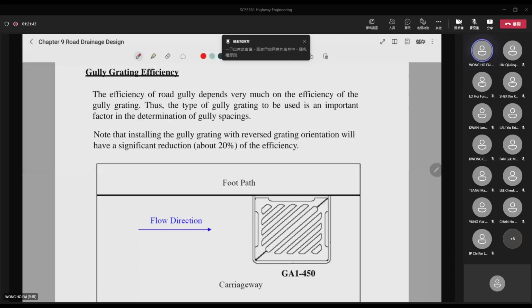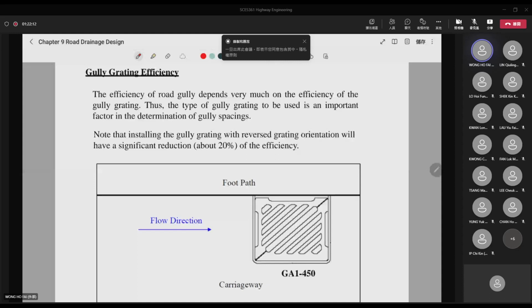Because I will stand on the safe side. And then for the orientation of the grating, you have to follow the one in the guidance notes. If you are putting it in the wrong direction, you will reduce the effectiveness by around 20%. So you can see that the flow direction is the one shown in the figure, and you should arrange your pattern as shown in the guidance notes.